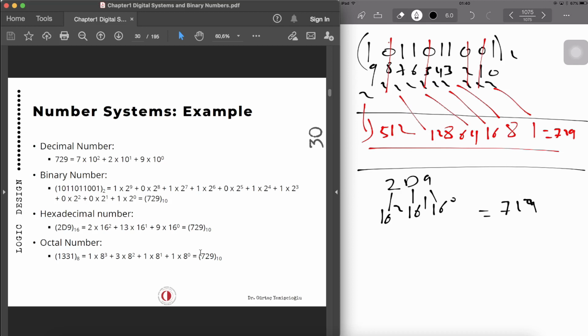Okay then, one thing that each of you needs to learn this week is counting based on the powers.